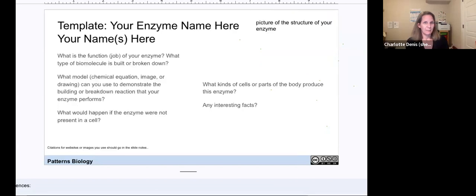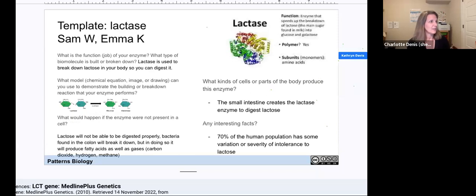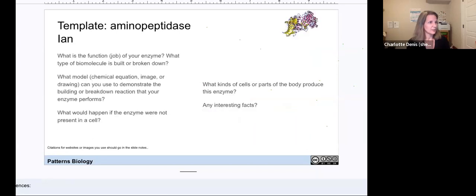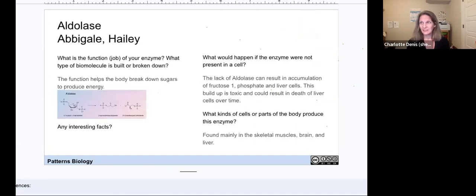And then I also provide them with a template that shows what kinds of things they're supposed to have on their slide. And I've done this as a filler, but I've also done this with a substitute. This works out well. And then each pair of students has something that they're specifically investigating.